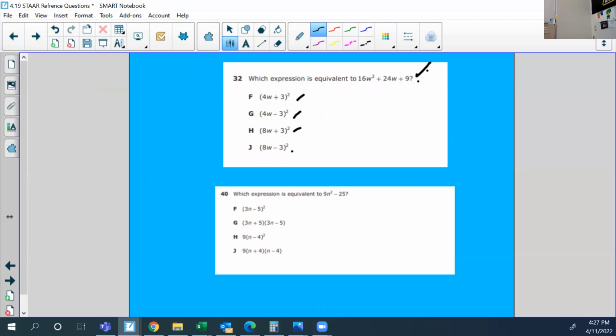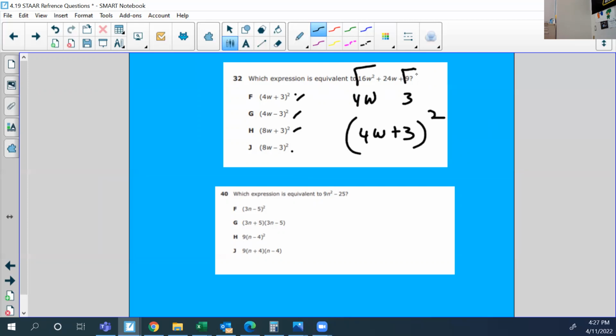Or let's say it's a perfect square. 9 is a perfect square, so I take the square root of that, that gives me 3, and then this gives me 4w. So my answer is just going to be 4w plus 3 squared. Very easy.